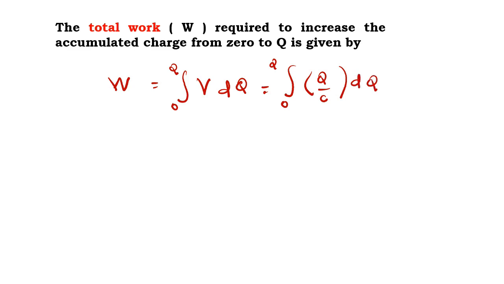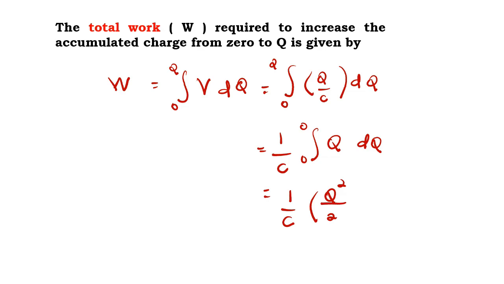So from here, we factorize 1 over C, from 0 to Q, Q dq, which equals 1 over C times Q square over 2. So you will get work done which equals half Q square over C.